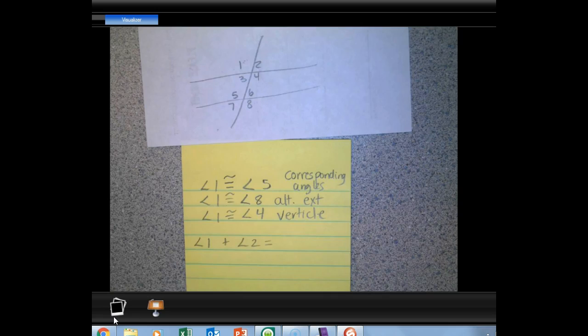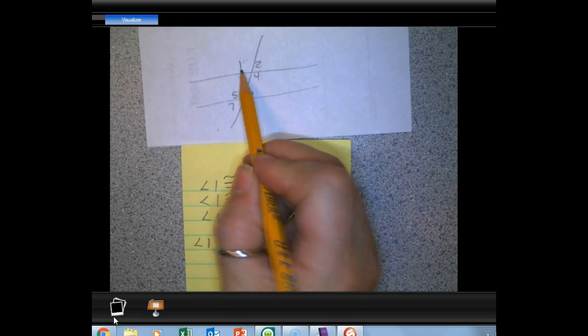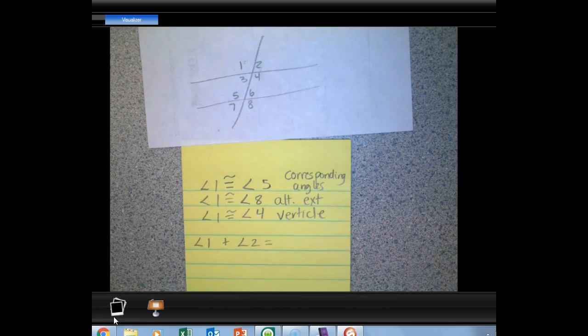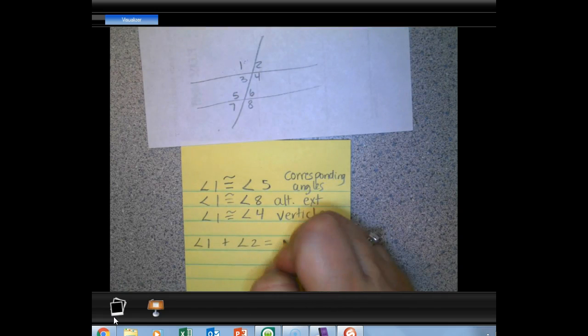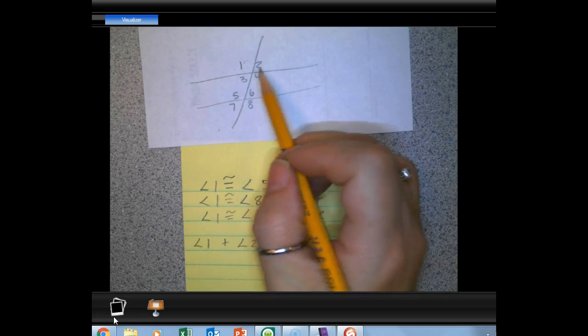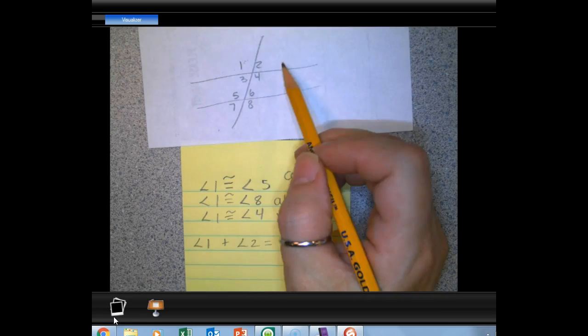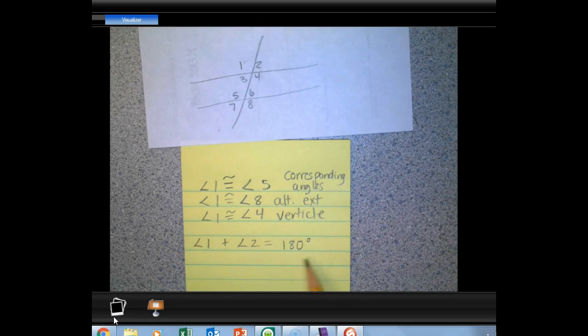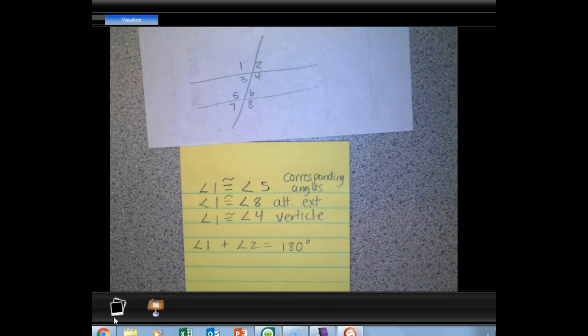If I add up angle 1 and angle 2, they create a straight line. What does that equal? Thank you, Kevin. 180 degrees. Okay, so I know if I know one side or the other, I can tell you what the other measures because I know that if I add them up, they equal 180 degrees. These are called supplementary.